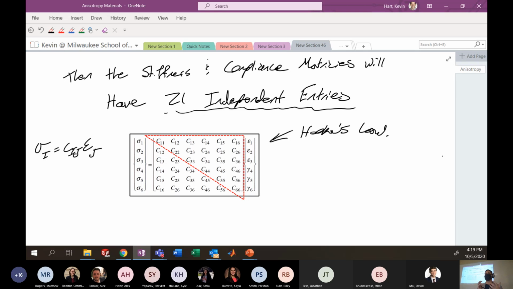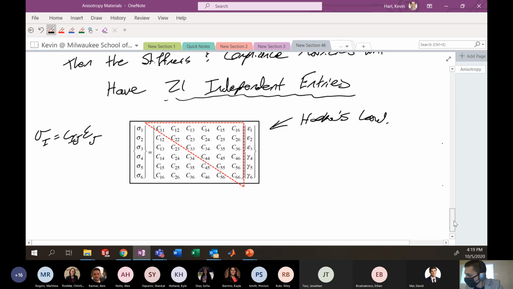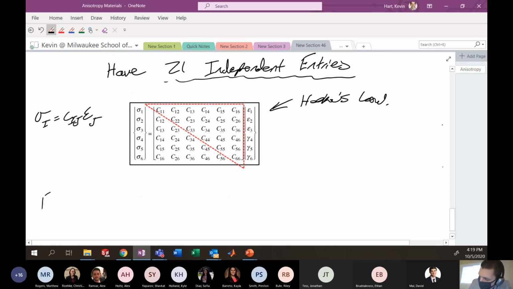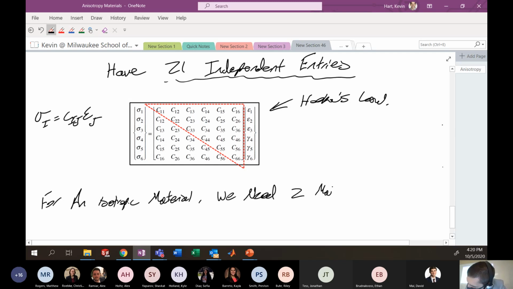So the question then is, if you have an isotropic material and you have to populate the stiffness matrix for it, what would that actually look like? Let's talk about that now. For an isotropic material, we need 2 material properties to fully define Cij.